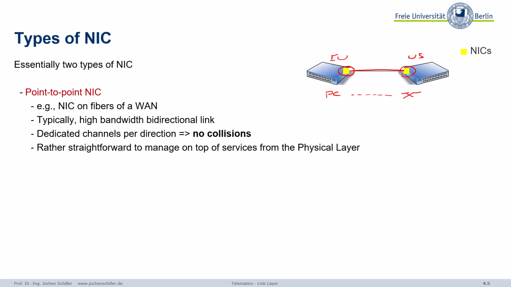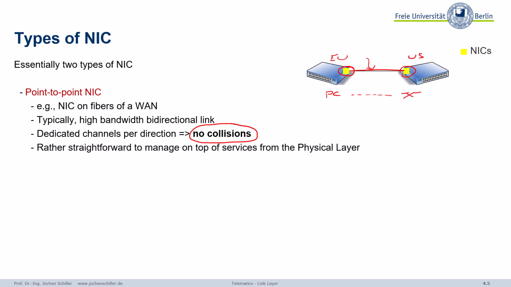So that's a point-to-point NIC, and this is used for really high data rate links, and what we'll learn is that this is a quite simple situation because there are no what we call collisions. What is a collision? Well, if several elements try to use this resource, then it could happen that we have collisions.